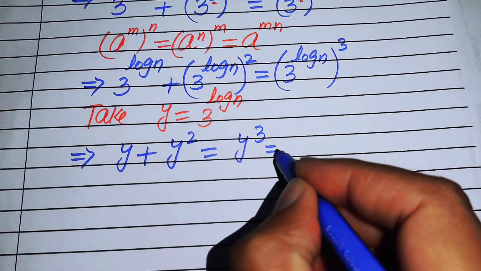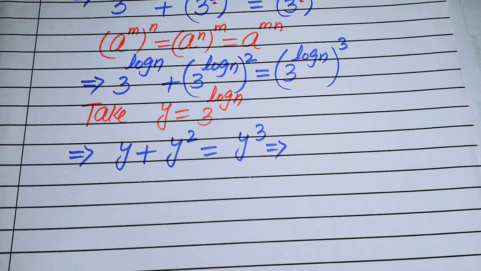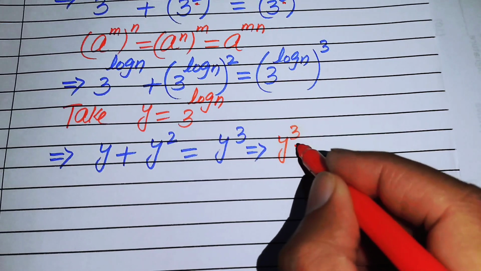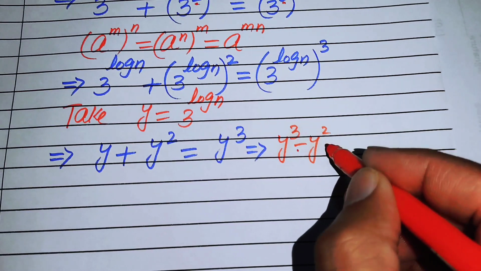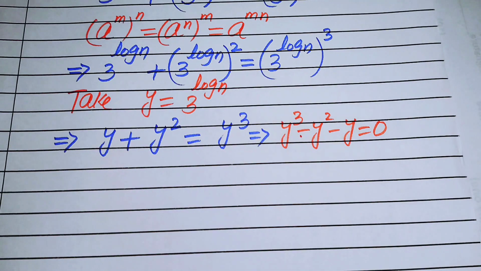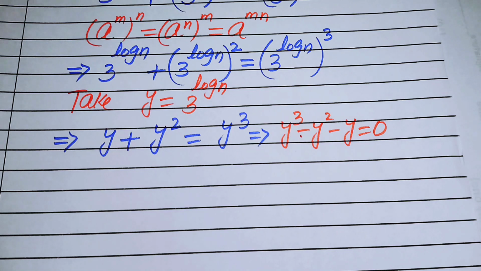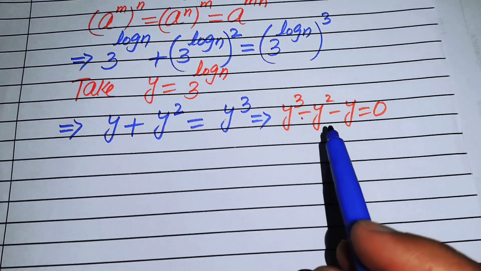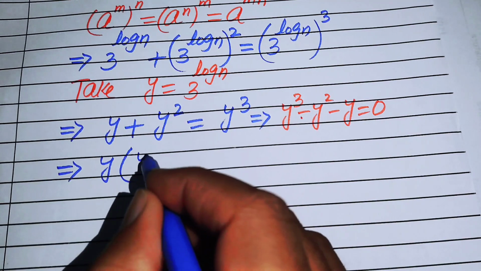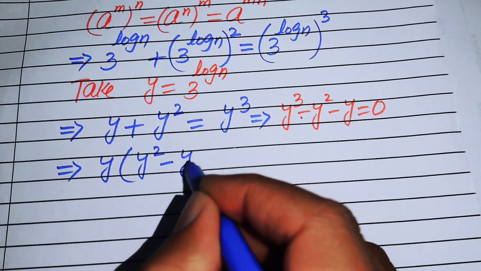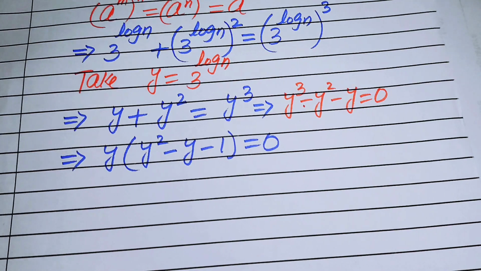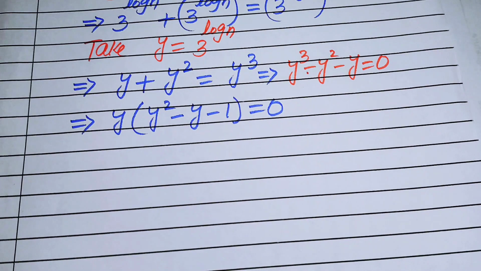Now I can simplify this, and we move all the terms from the left hand side to the right hand side, and it becomes y cubed minus y squared minus y equals 0. Here we see that y is a common factor in each term, so we take y common and get y times (y squared minus y minus 1) equals 0. Now we have two cases.